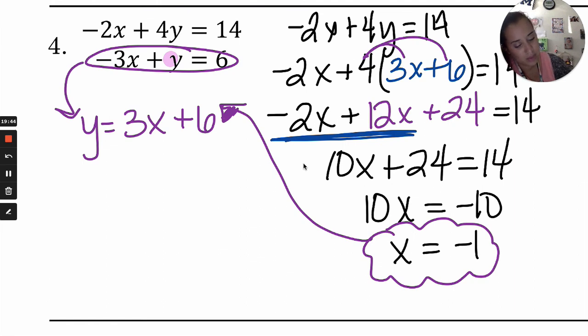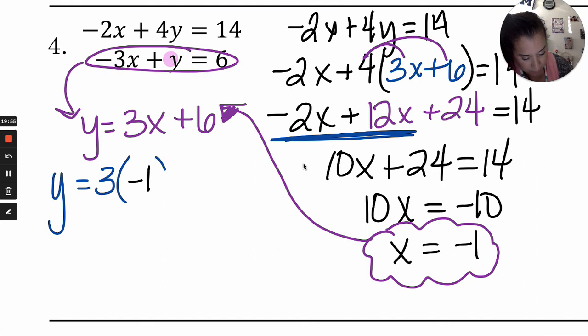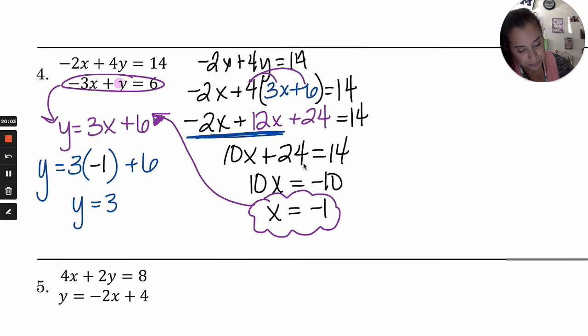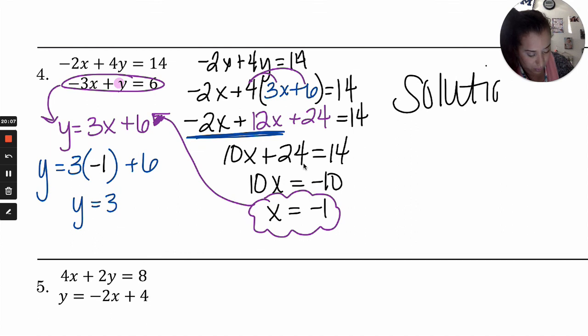Okay, so y equals 3 times negative 1 plus 6. y equals 3. Okay, so my solution is negative 1, 3.